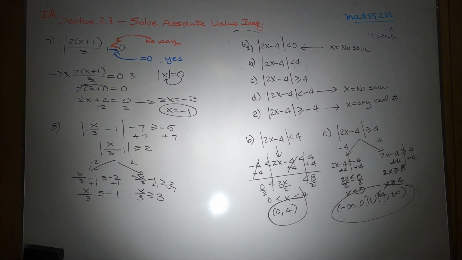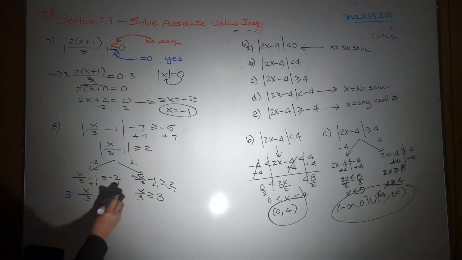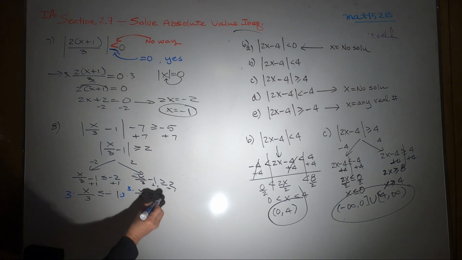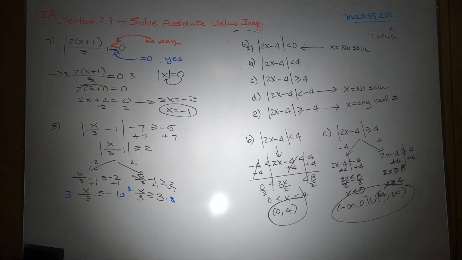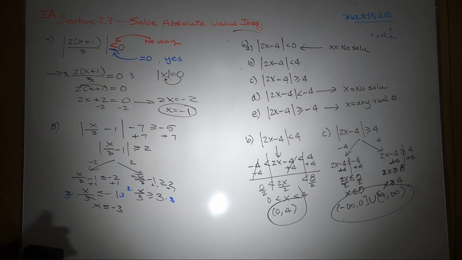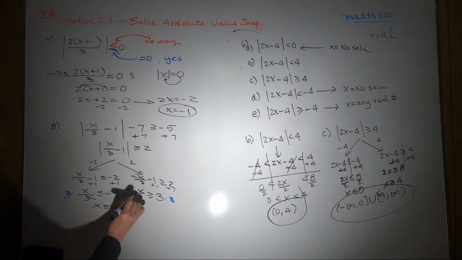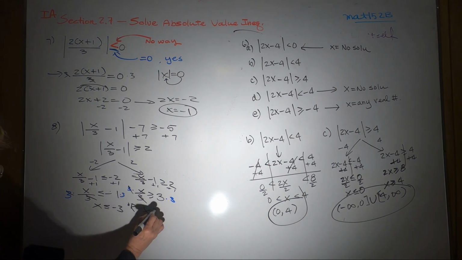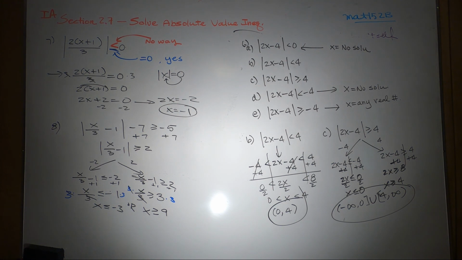Right? Then we have to find out our x. To get rid of fractions, times 3, times 3, right? Then what do we have? X is less than or equal to negative 3, or x is bigger than or equal to 9. 2 parts, right?